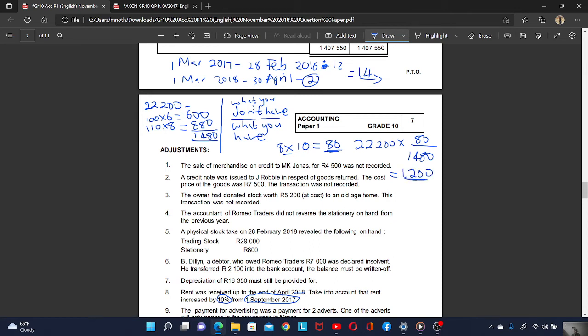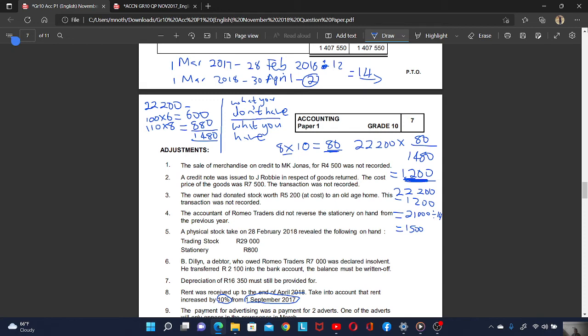This means that this is the rent that has increased, so we need to subtract it here. So we are going to find out how much was a month each before the rent was increased. So 22,200 minus 1,200. The answer is 21,000. When you divide it by 14, because this rent is for 14 months, 21,000 divided by 14, the answer is 1,500.